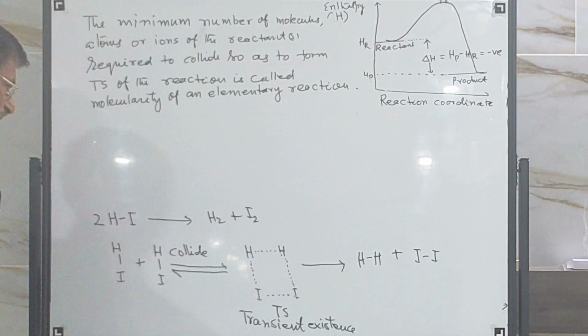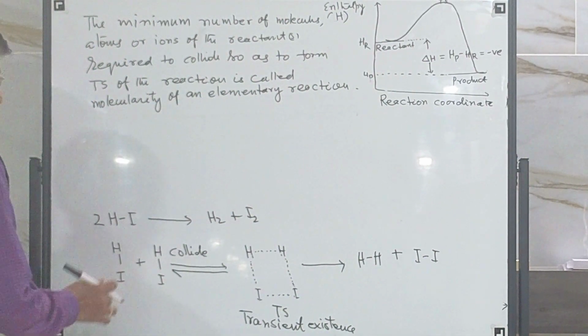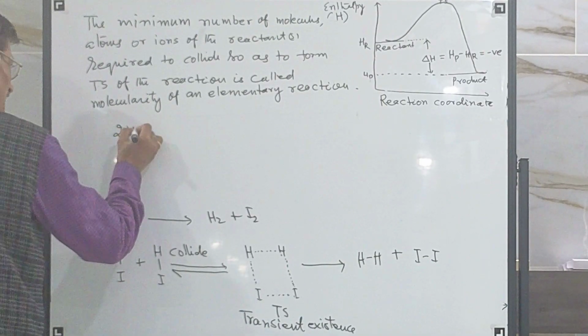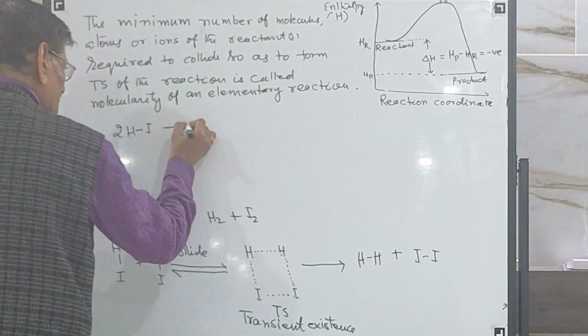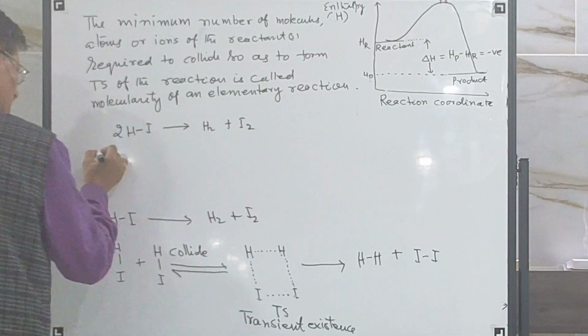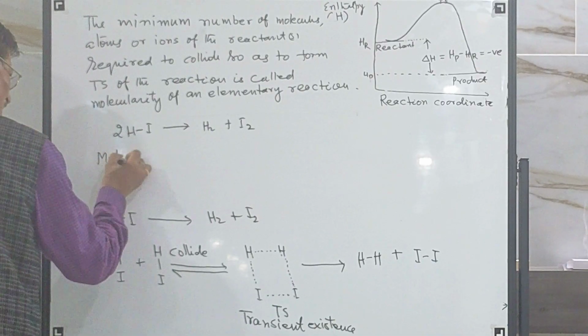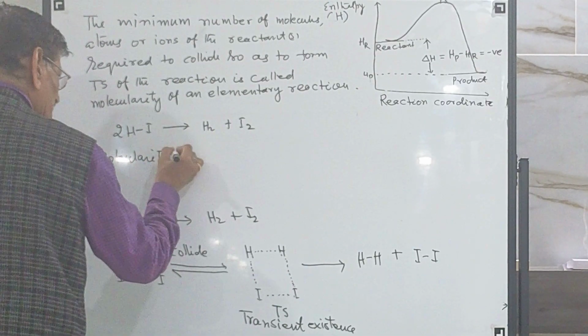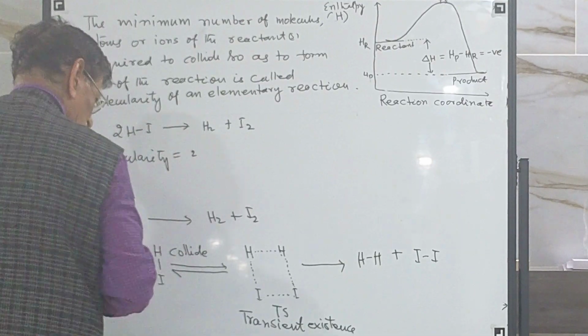Okay, this is the molecularity of this reaction. So the molecularity of this reaction, 2HI giving H2 plus I2, is 2.